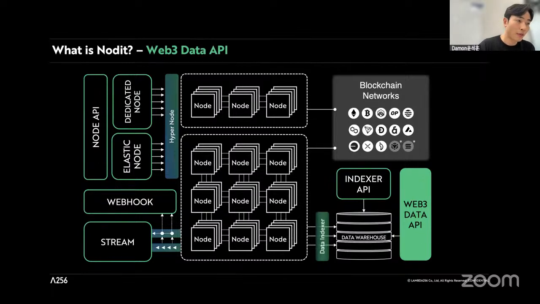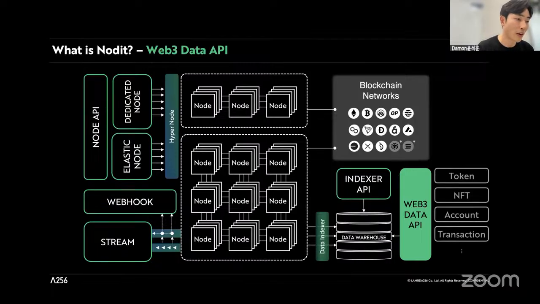Another feature that builds on indexed on-chain data is the Web3 Data API. It provides a RESTful interface to access structured information like tokens, NFTs, accounts, and transactions, all pre-processed and ready to use.